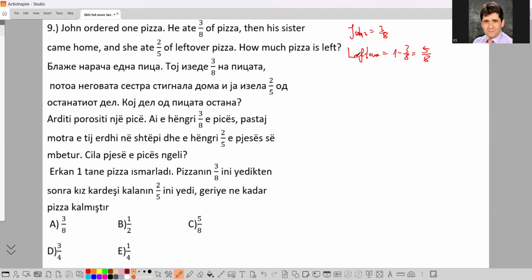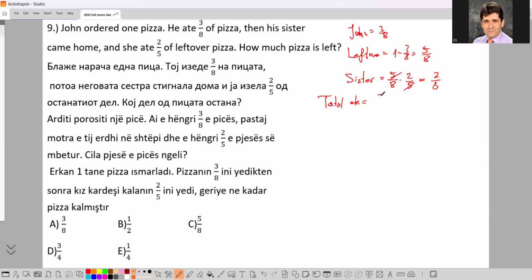And now, the sister ate 2 over 5 of the leftovers. Cancel, cancel. She ate 2/8 of the pizza. Now, how much was eaten in total?